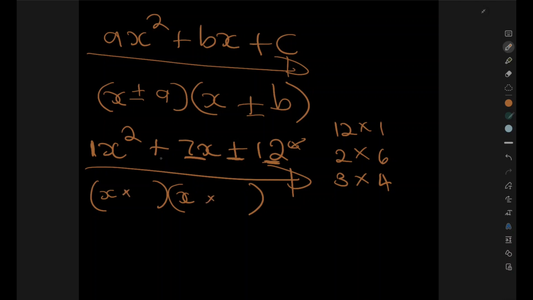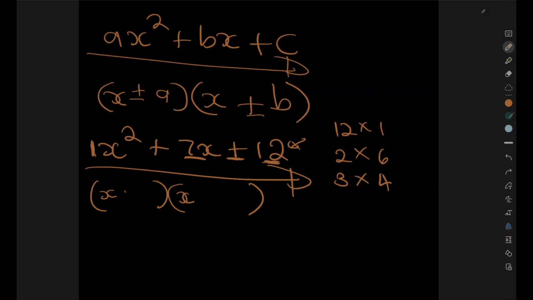So if the sign in front of the 7x is a plus, it tells us that those signs, which have to be the same, both have to be a plus. And obviously, if it was a minus, both signs would have to be a minus, but we'll see a different example.